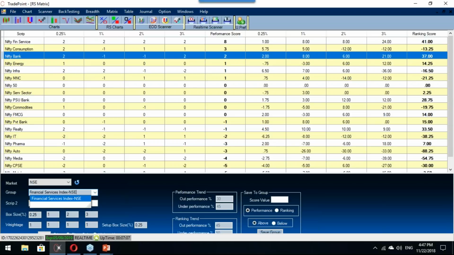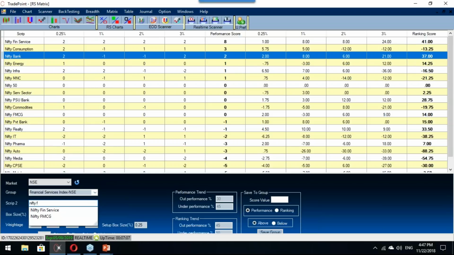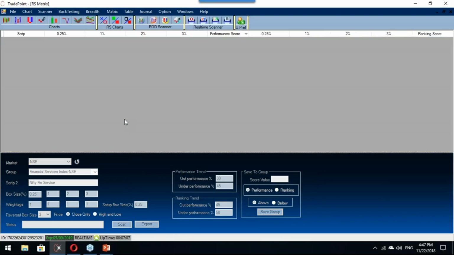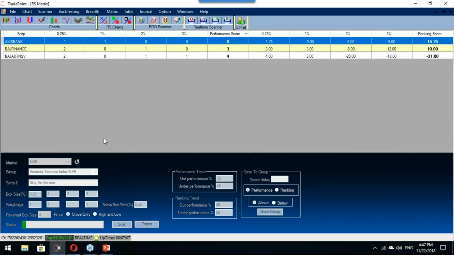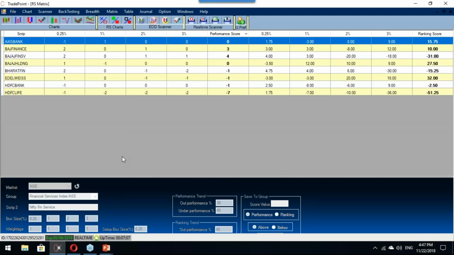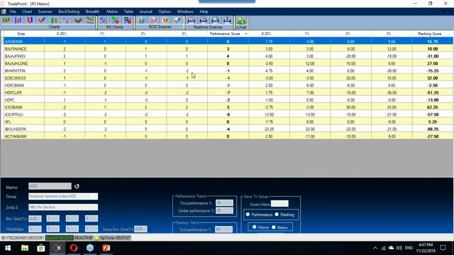So let's quickly see from the financial services sector which are the ones which are really doing well. So again, my guess is it will be a couple of private sector banks, your Bajaj Finance and stuff like that. Let's see.